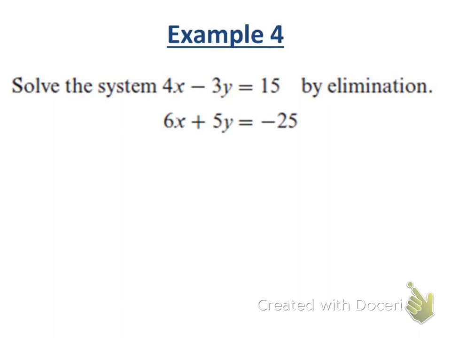If we're solving a system of linear equations, we're looking for the point of intersection. Remember that, okay? And this one, 4x minus 3y equals 15. Let me rewrite this over here. 4x minus 3y equals 15. 6x plus 5y equals negative 25.